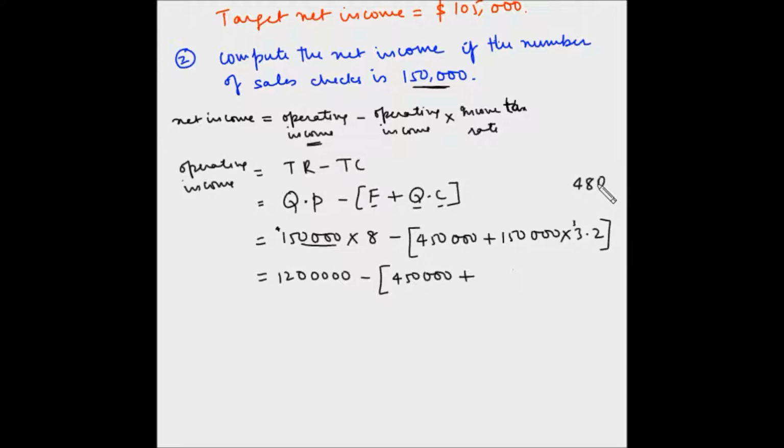And then we have one decimal point, so 48.0. So this is 48 and then 4 zeros.